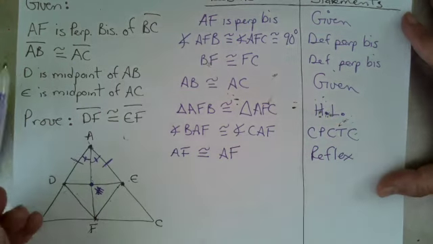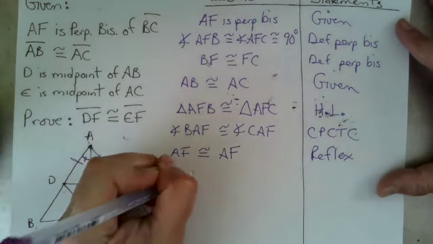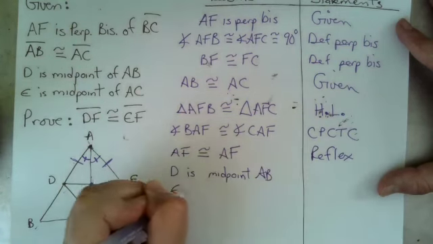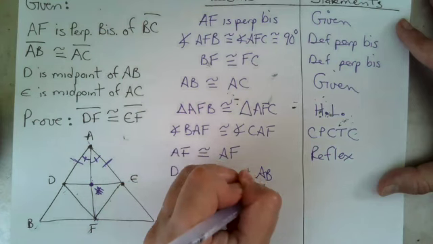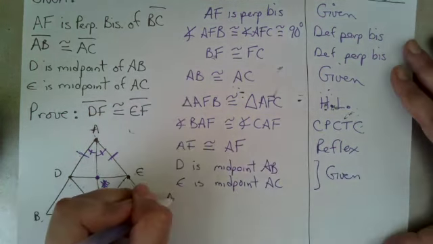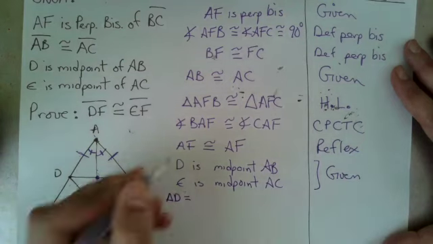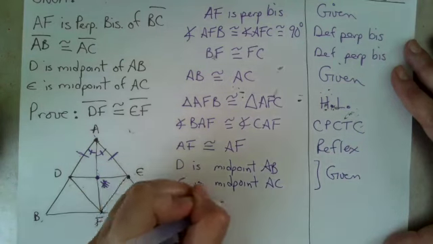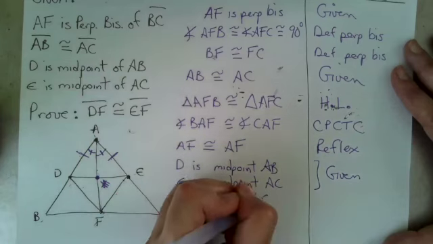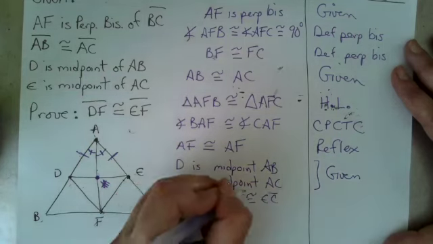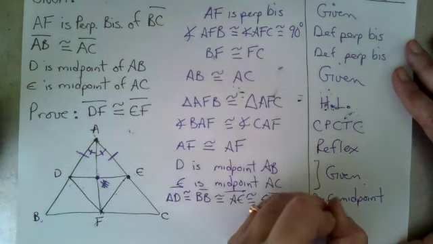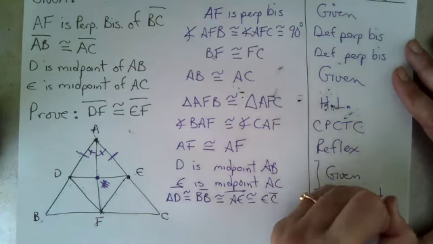And now finally, I need to get this side here. So that's where I'm going to lay out our midpoints. So D is midpoint of AB, and E is midpoint of AC, and both of those are givens, which means that AD is congruent to DB, which is congruent to AE, which is congruent to EC, and that is the definition of midpoint, and half of equal sides are equal.